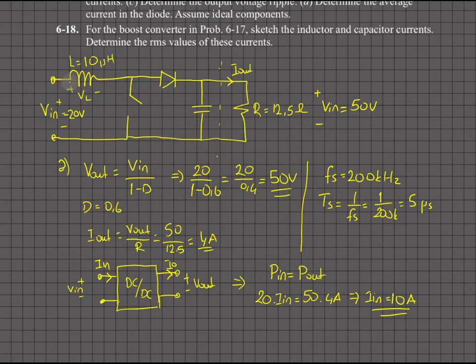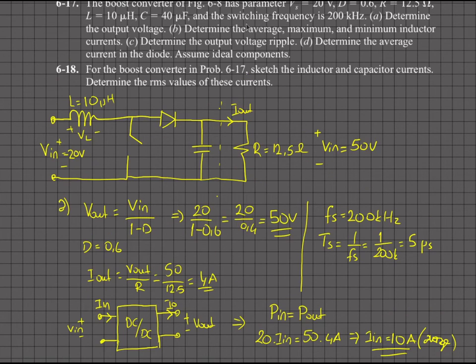We draw 10 amps on average. Again, this is not constant voltage, not constant current. This is an average current, and there will be some ripple on the inductor. So let's try to find the average, maximum and minimum inductor currents.